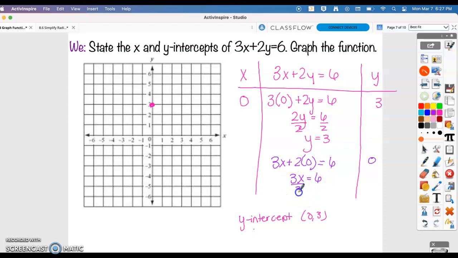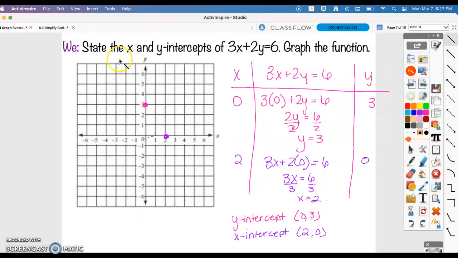It's being multiplied by 3, so I divide by 3. X is equal to 2. So that is my x-intercept, where it's going to hit the x. (2, 0). Two points. Draw your line.